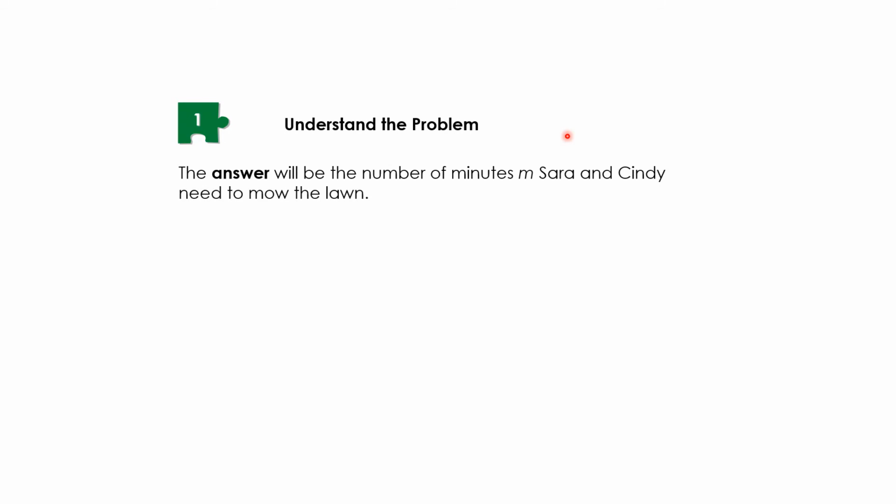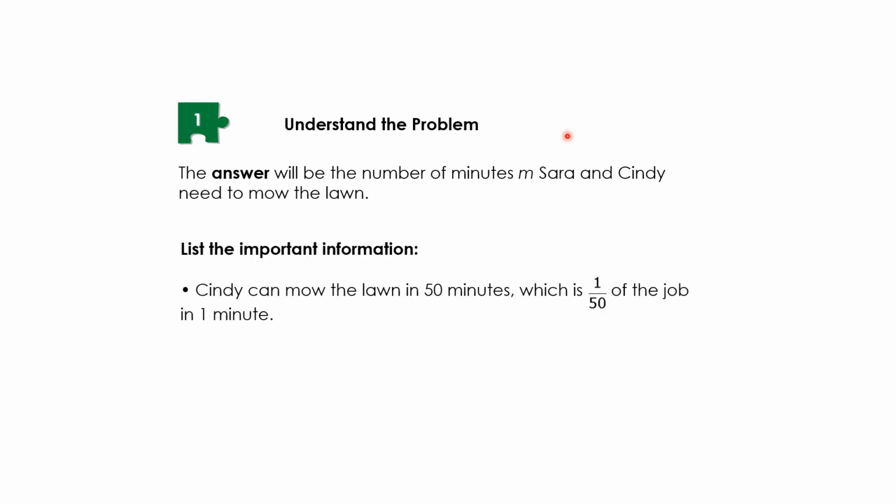Take note that Cindy can mow the lawn in 50 minutes, which is 1/50 of the job in 1 minute. And Sarah can mow the lawn in 40 minutes, which is 1/40 of the job in a minute.